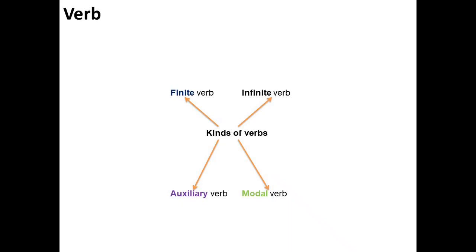Might in that statement is indeed a modal verb because there's a chance it's indicating that there is a possibility that it might rain tomorrow. The speaker is indicating that. So definitely might is a modal verb, which is a type of verb as well. Right?